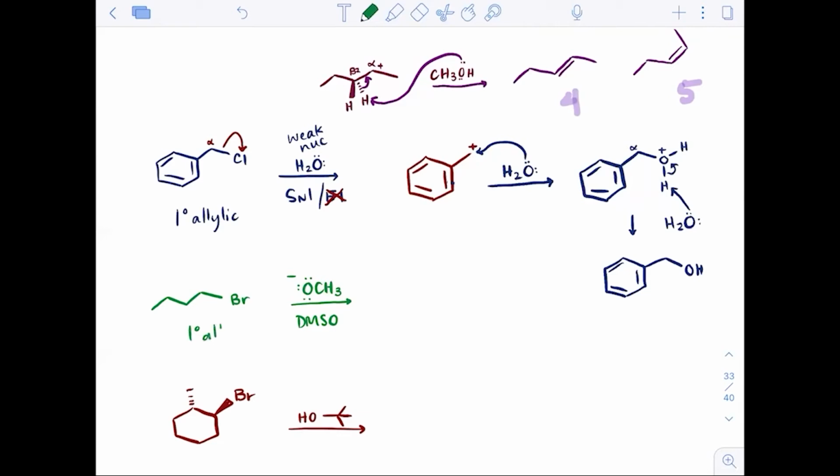Primary alkyl halide. There's no resonance, there's no adjacent pi bond, so this guy can only do an SN2 or an E2. We see our reactive or good nucleophile. It's small enough that we can think about OCH3, methoxide, both substituting and eliminating.